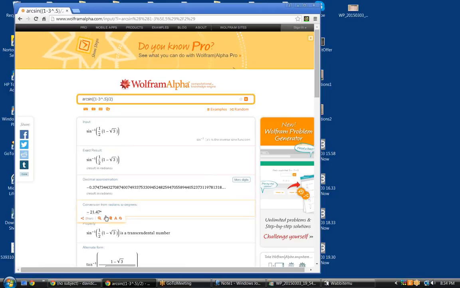And that only gives you the fourth quadrant answer. They wanted all the answers in 0 to 2 pi. So minus 21 degrees is the fourth quadrant answer, but there's also a third quadrant answer.